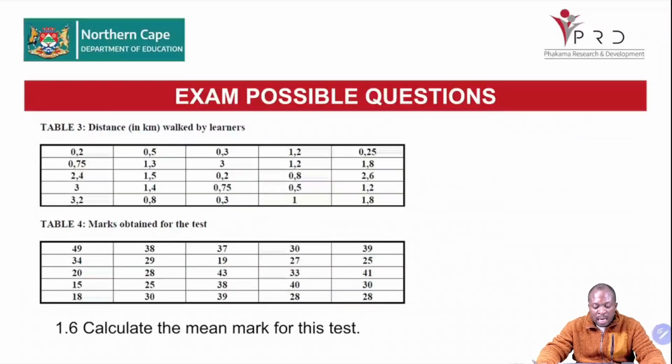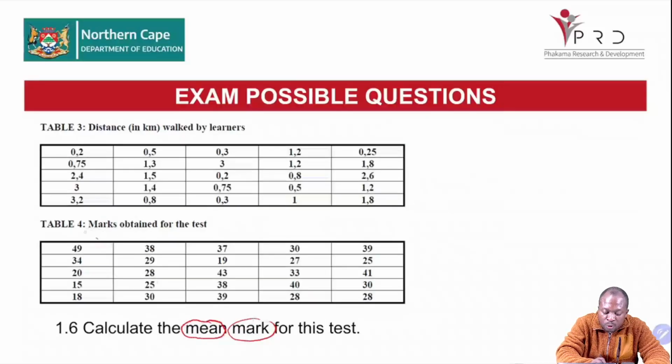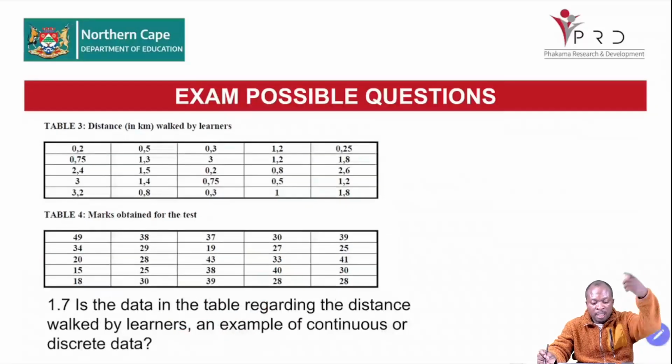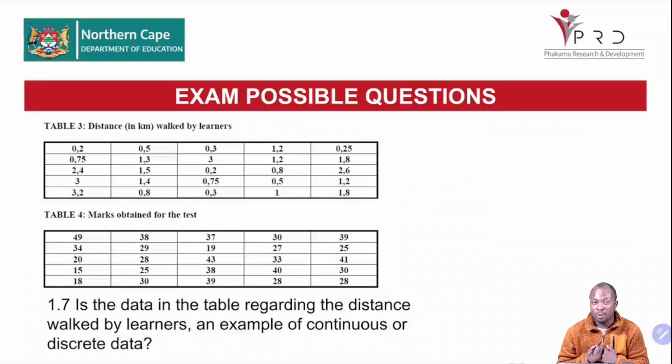1.6, calculate the mean. Do you remember what we do with the mean? Good. We must add all of them and then we divide by how many numbers there are, okay? So we are talking of the mean mark, meaning we are going to use these values here, not the distances. 1.7, now they're asking you a question.